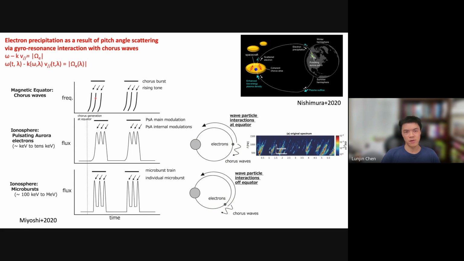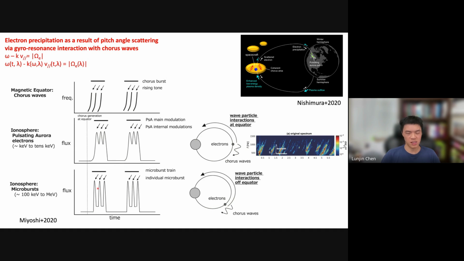So if you have three chorus elements as one group, and then three chorus elements as another group, you can expect three internal modulations of the low energy electron precipitation, separated by a certain period when there's no chorus wave.